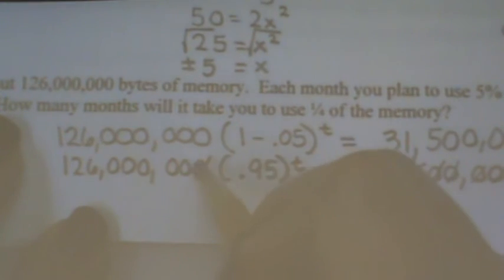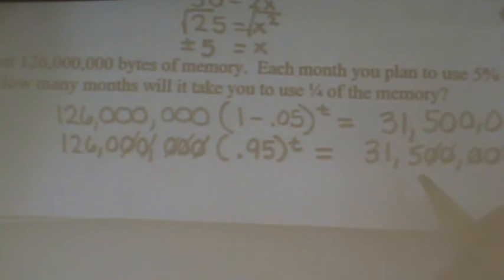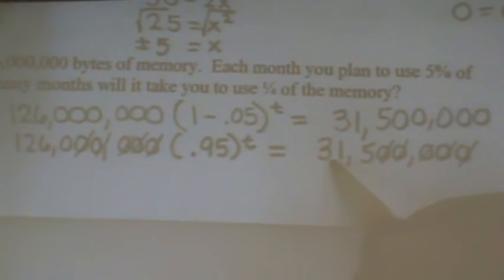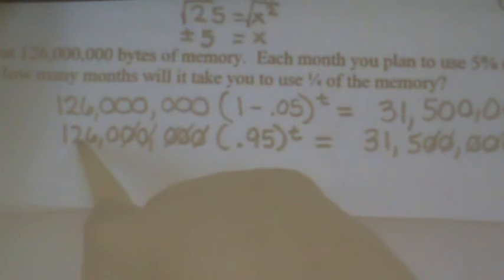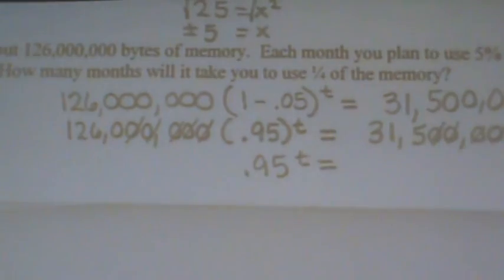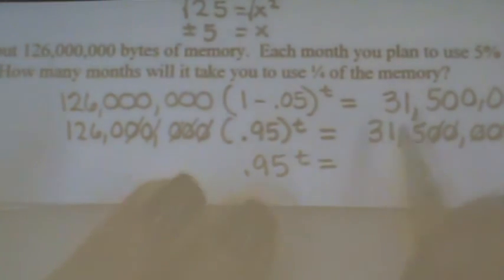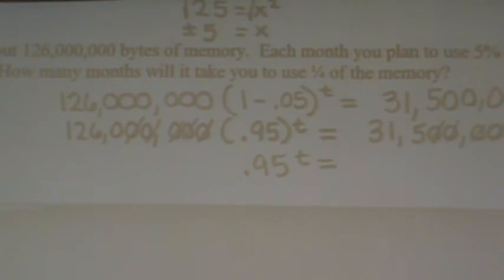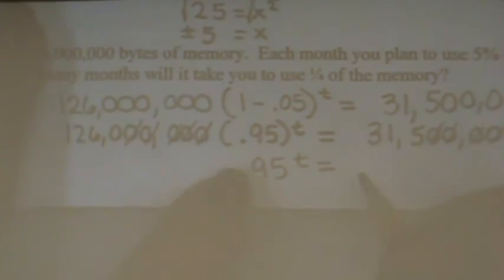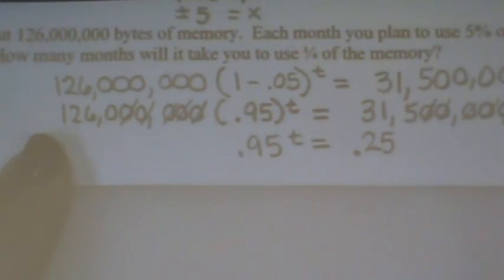You can cross out these 1, 2, 3, 4, 5. So when you type this in your calculator, you're gonna do 315 divided by 1260. And tell me what you get. So you have 0.95 to the t equals, and this should end up being 1/4. Did you get 0.25? Because it's 1/4 of that amount. And we knew that.